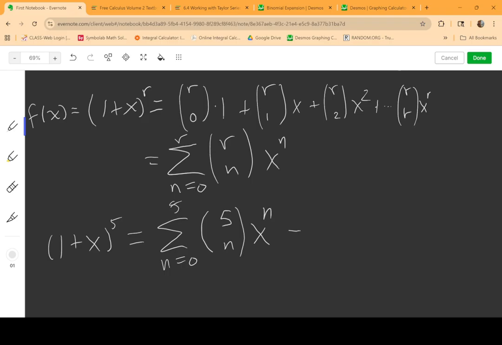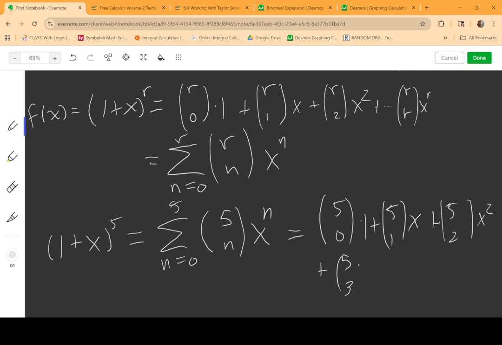All right, and that expansion is 5 choose 0 times 1 plus 5 choose 1 x plus 5 choose 2 x squared. Let me continue it here. 5 choose 3 x cubed plus 5 choose 4 x to the 4th, and then 5 choose 5 x to the 5th.